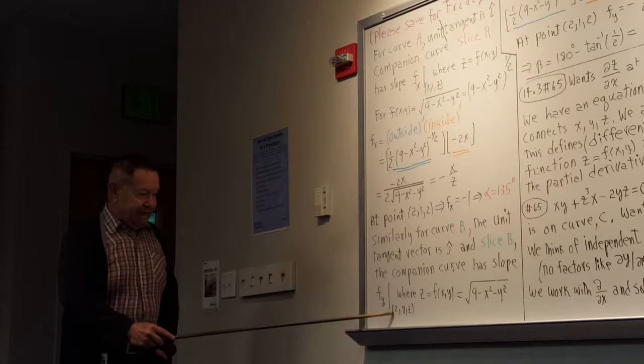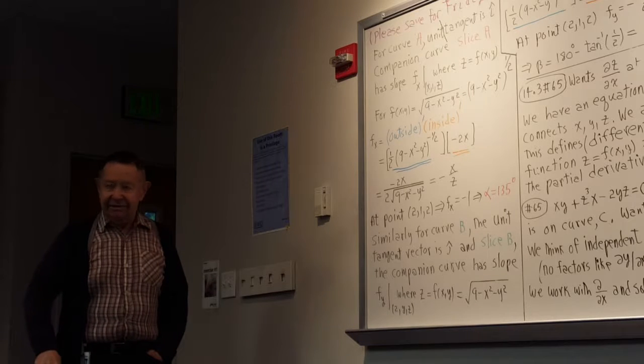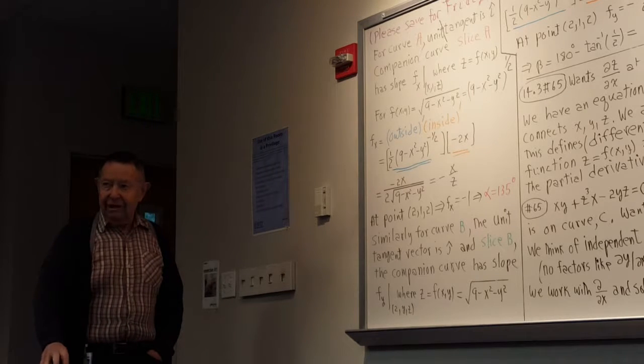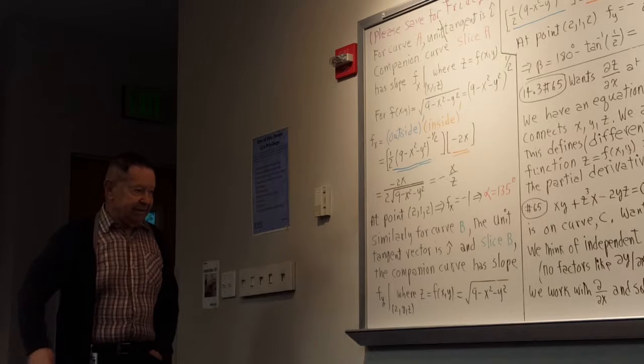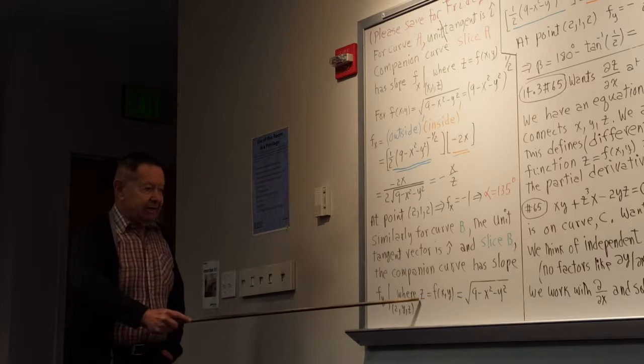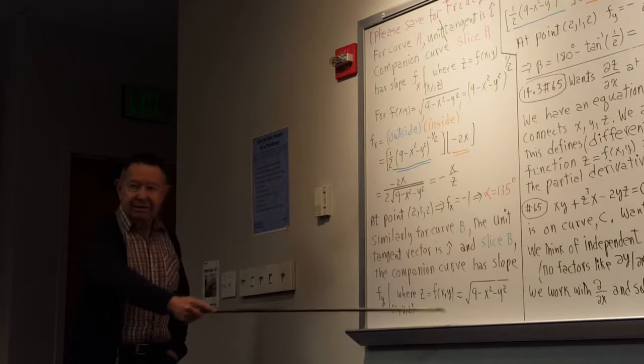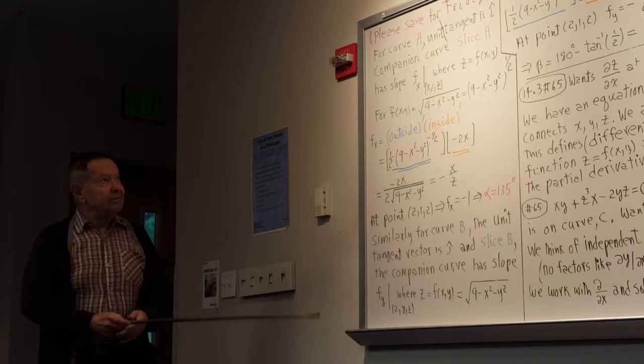evaluated at 2 for the x, variable y, and the corresponding z. So that'll be your same square root, well, that you want to take the partial of with respect to y, because it's the same portion of a sphere.